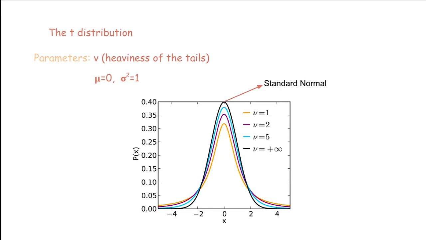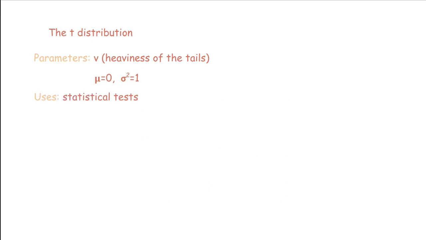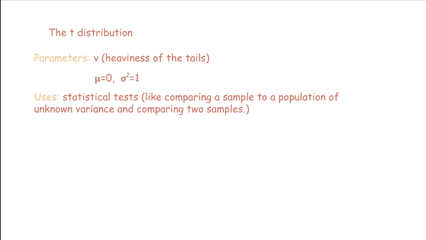When v reaches infinity, the t-distribution is equivalent to what's called the standard normal, a normal with mean 0 and variance of 1. The t-distribution is used extensively for statistical testing, like comparing a sample to the population of unknown variance, and comparing two samples.